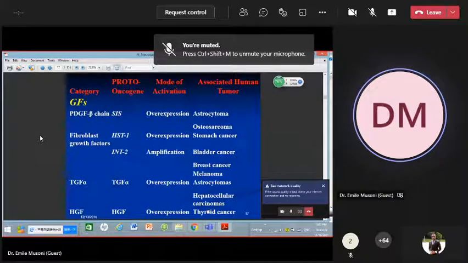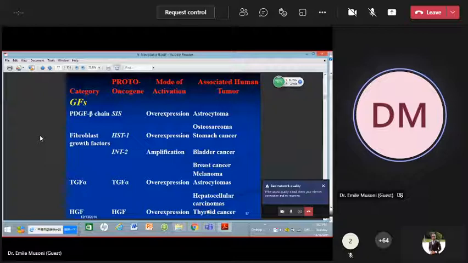Here there is a long list of those proto-oncogenes. Here we see those growth factors, platelet-derived growth factors, fibroblast growth factors, and along with them we see the proto-oncogenes. We see the mode of activation. It can be overexpression or amplification. For example, there is overexpression of those platelet-derived growth factors in astrocytoma and osteosarcoma.